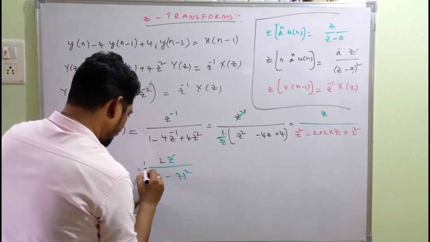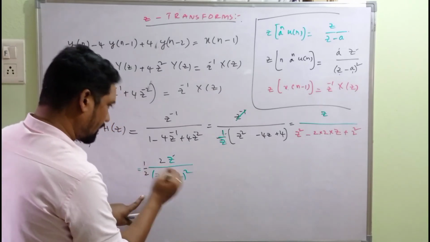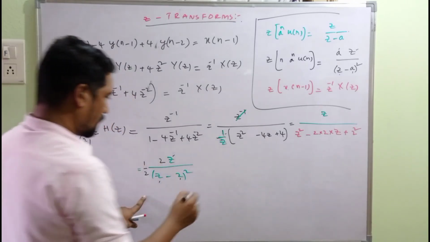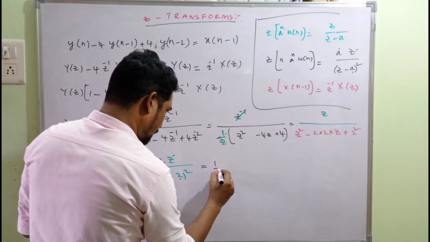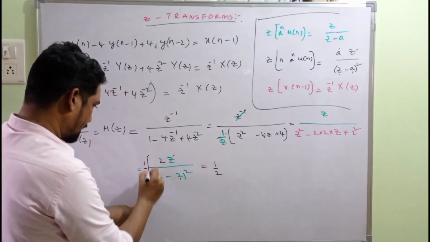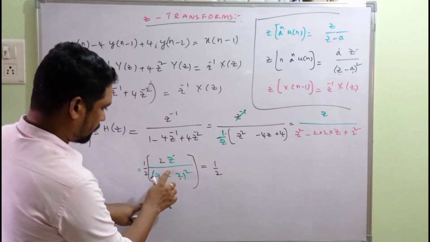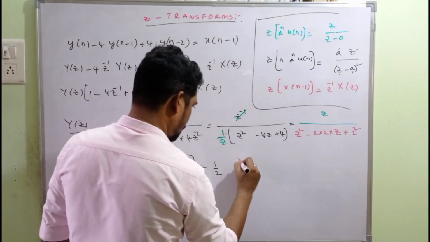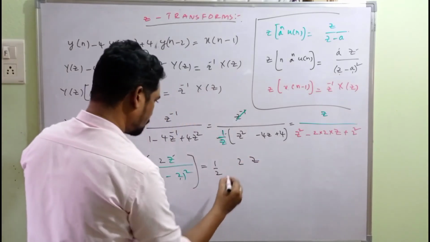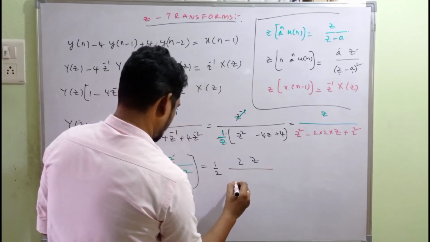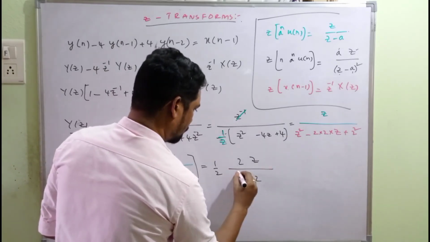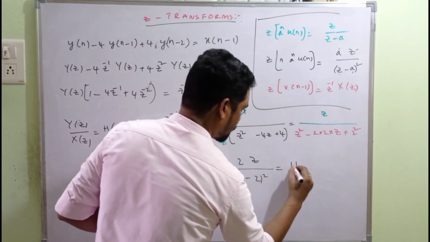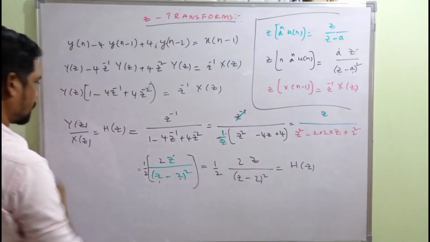So can we write it as 2 into 1 by 2, in the sense of cancelling, that goes back to the previous one, right? So now this could be 1 half as it is. Now this is in the standard form, it's 2 times z by z minus 2 whole square, which is equal to H of z. We are evaluating for H of z.